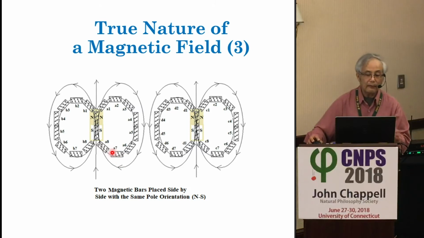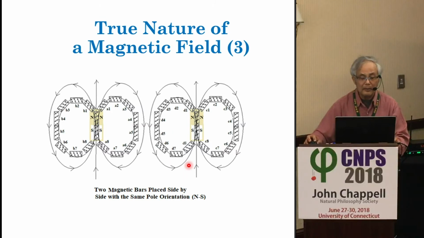And for this magnet and this magnet, when placed together and got close to each other, on the top and at the bottom, they have some sections repelling each other.